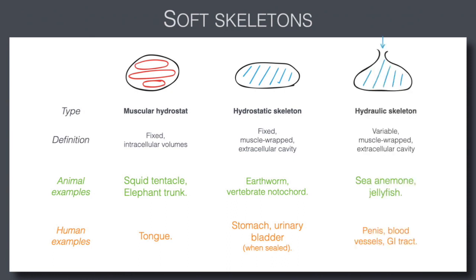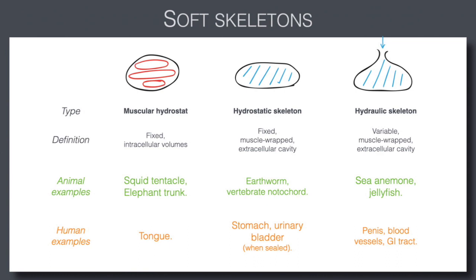And then there's the example of the hydraulic skeleton. So I mentioned a human penis. It turns out that mammals in general have a similar structure, and that operates by inflation. And so a hydraulic skeleton is unlike the other two in the sense that the volume of fluid that inflates the structure is not fixed.